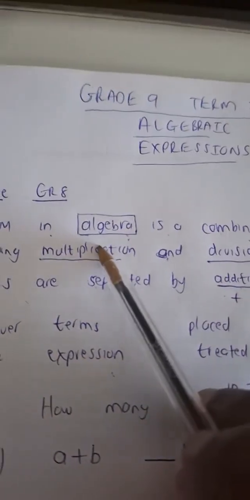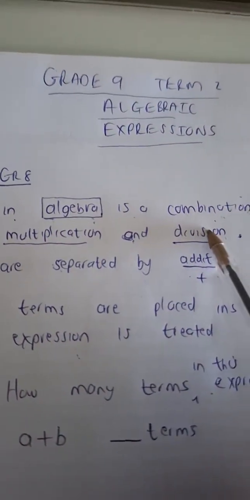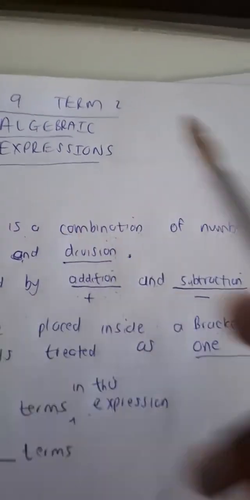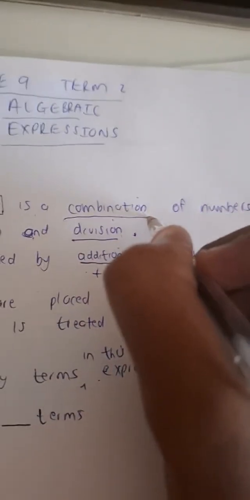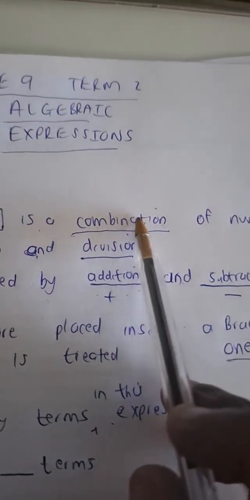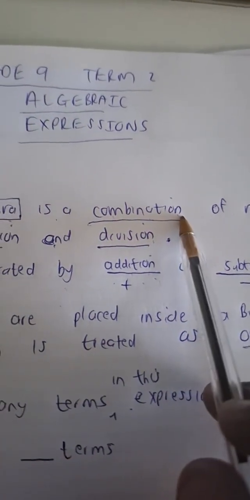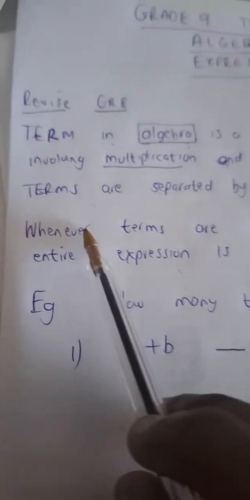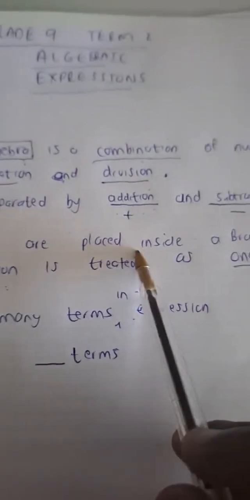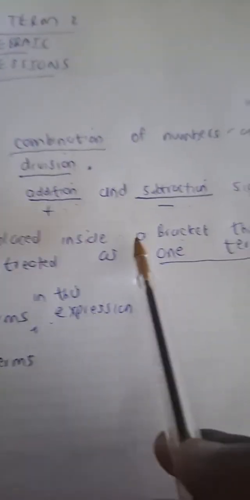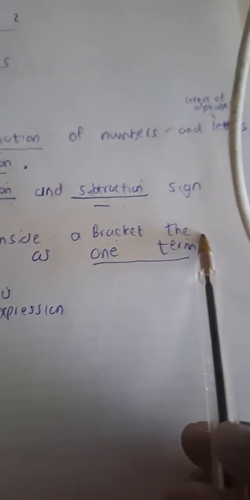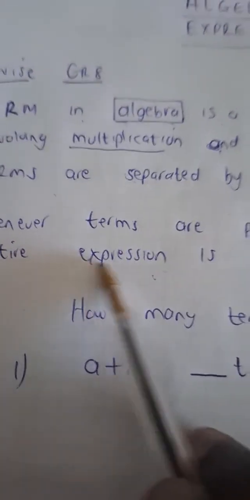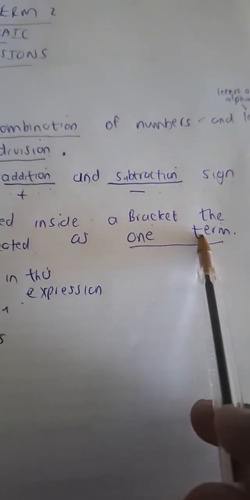In the same vein, multiplication and division does not separate terms, it combines terms. Then we said whenever terms are placed inside a bracket, the entire expression is treated as one term.